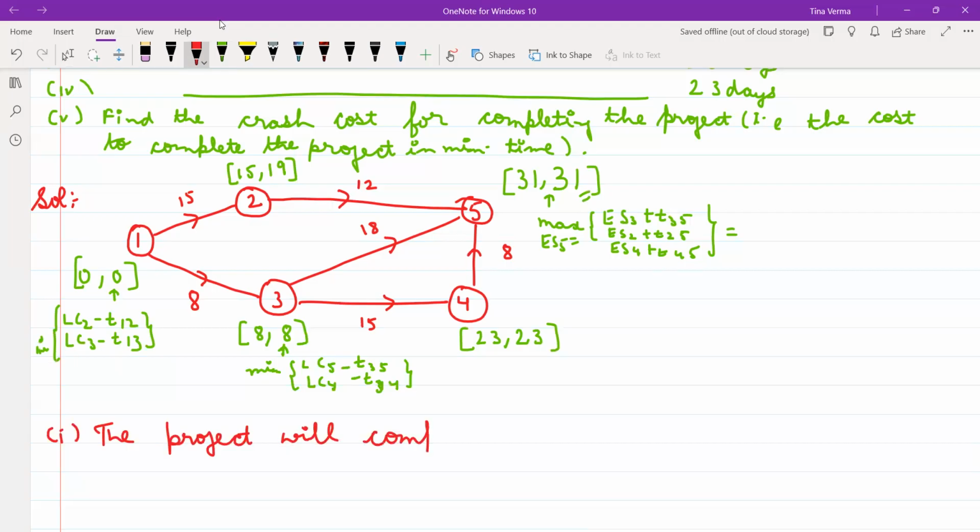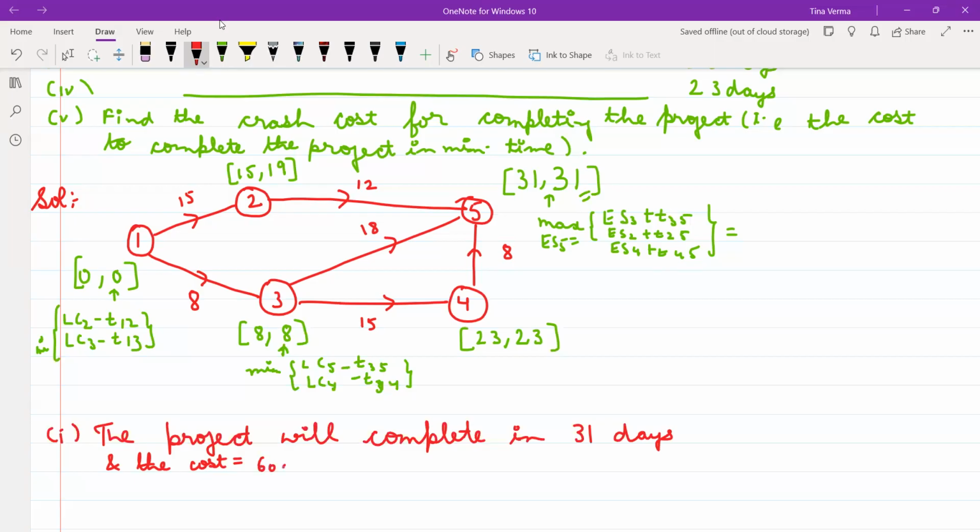The project will complete in 31 days. And the cost will be the sum of all the cost of the activities. जितनी भी आपकी एक्टिविटीज हैं उनका सबका टोटल कर दोगे.